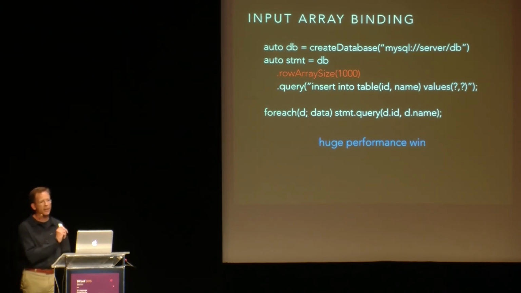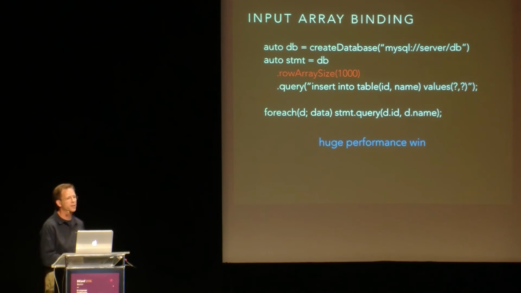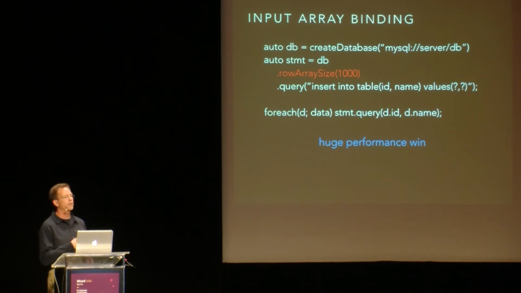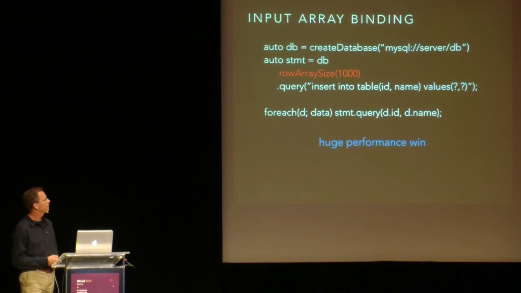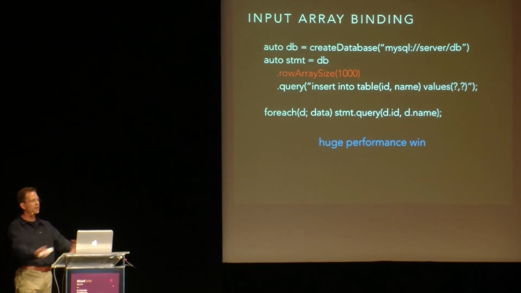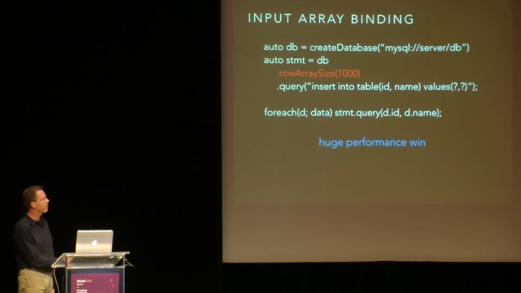Unfortunately, I don't have numbers for this, but I do know from experience that this can be dramatic. The only downside of doing this is that you are deferring the appearance of those records in the database until the buffer flushes. So if it's a case where you don't care about those records appearing to other connections, you just want to blast records into the database as quickly as possible, this is a really good thing to do.